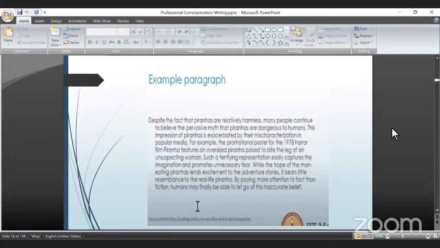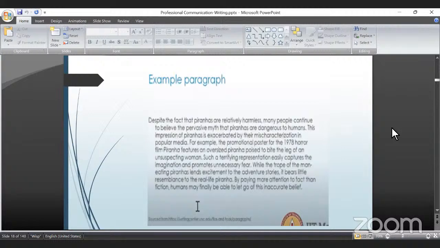So, despite the fact that piranhas are relatively harmless, many people continue to believe the pervasive myth that piranhas are dangerous to humans. This impression of piranhas is exacerbated by their mischaracterization in popular media. For example, the promotional poster for the 1978 horror film Piranha features an oversized piranha poised to bite the leg of an unsuspecting woman.